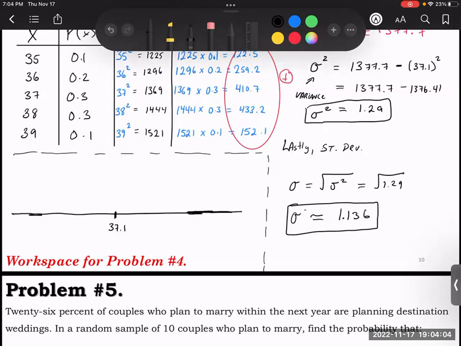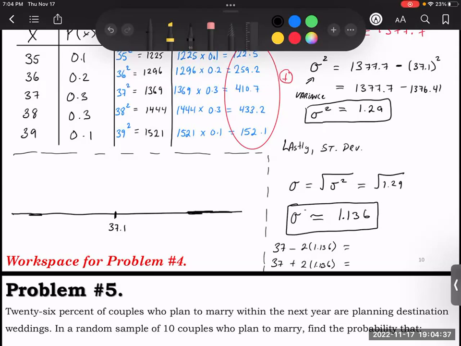If you think about the standard deviation, it was 1.136. So if I take 37 minus 2 times 1.136 and 37 plus 2 times 1.136, this will give you what we call the lower and the upper bounds for the rough approximation of how many data values are within 2 standard deviations of the mean, okay?